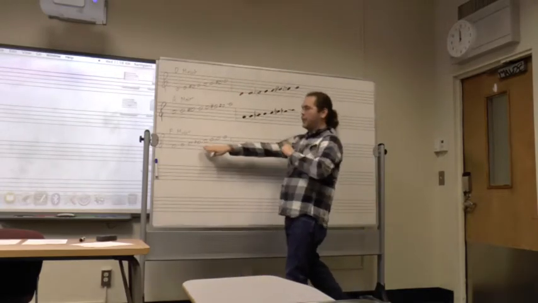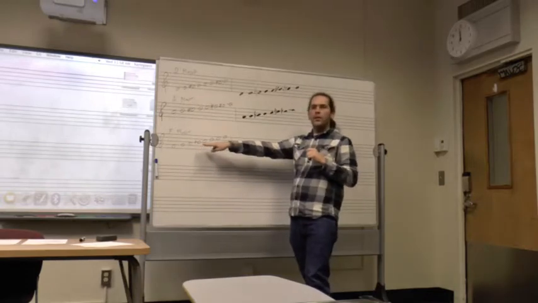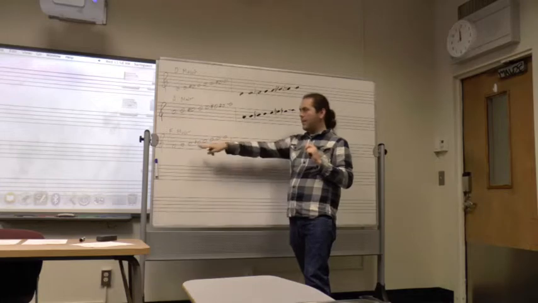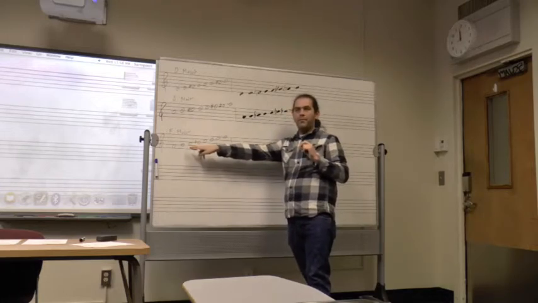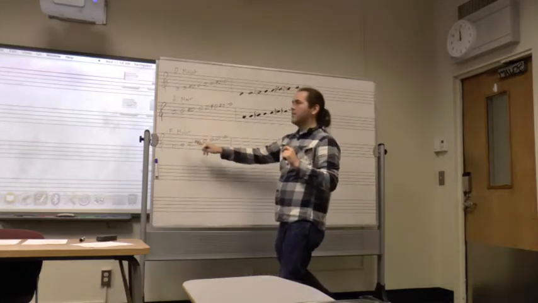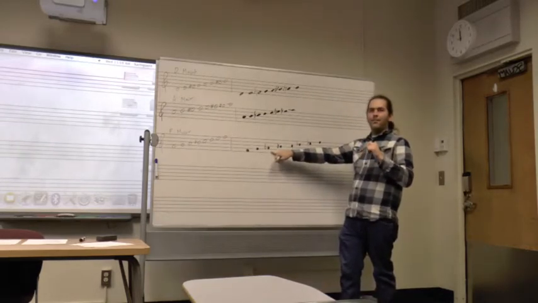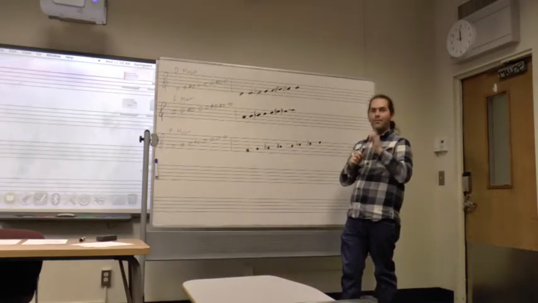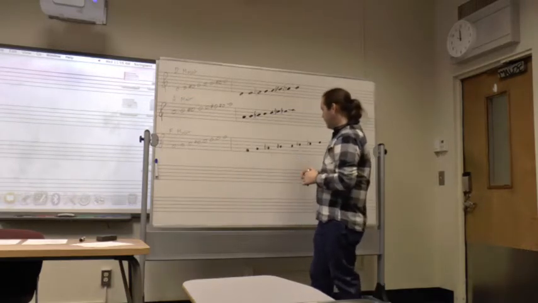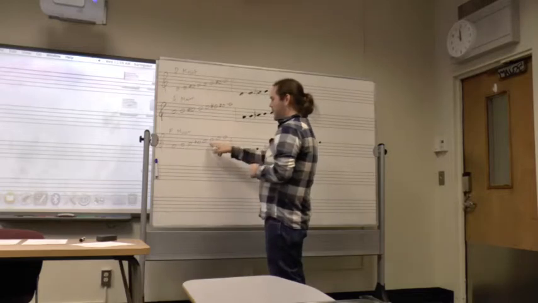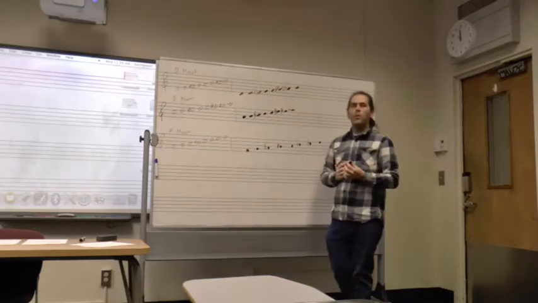So from F major, we're going to lower the third scale degree. Which one is that in F major? A. So if we're going to lower it, it becomes A flat. The next one, the sixth scale degree, D, is going to become what?